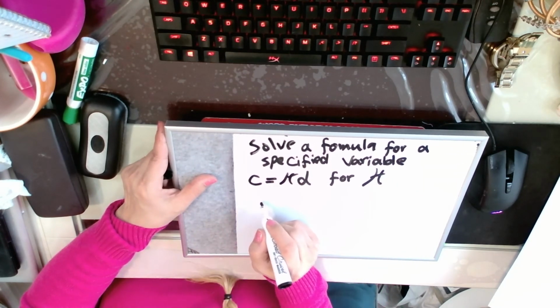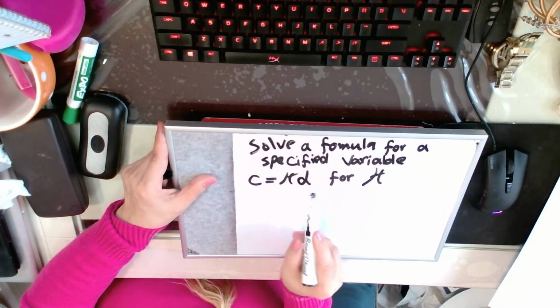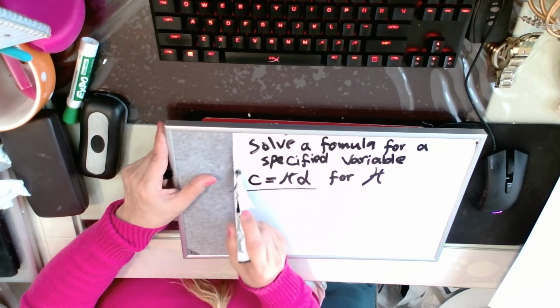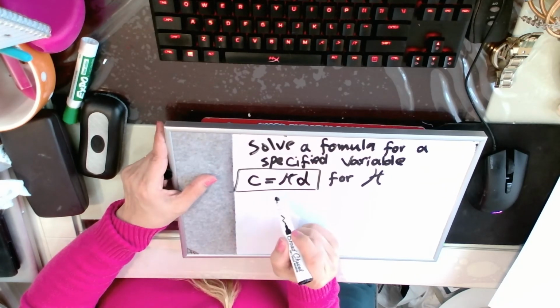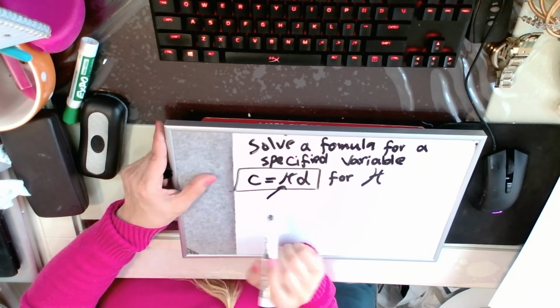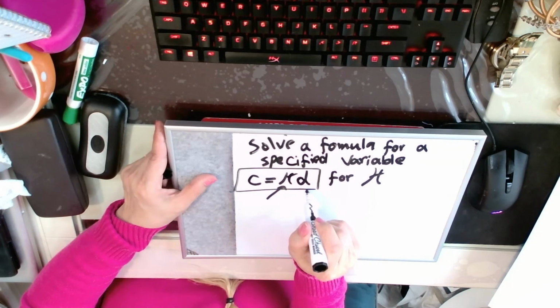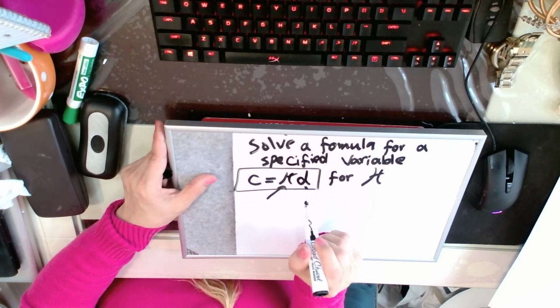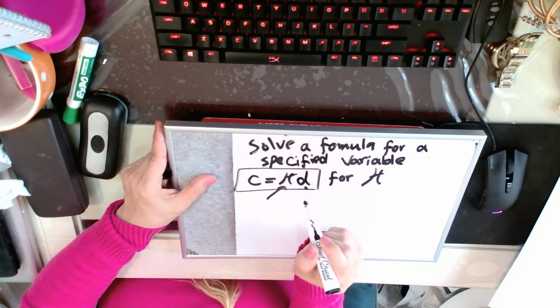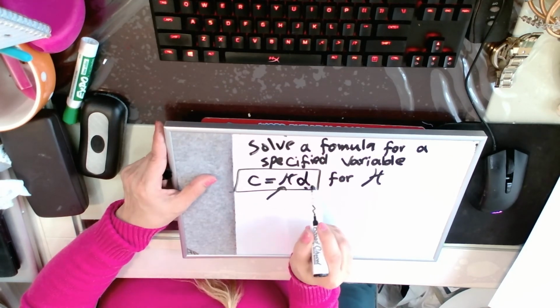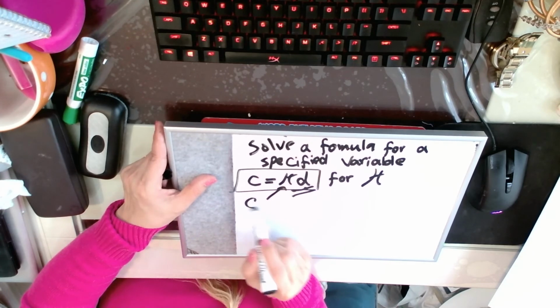So you're gonna say, okay, so this is the equation, right? You will solve it for d. So you need the value of this one. Of course, you're gonna get rid of pi to make d by itself. So you're gonna divide by pi, both sides.